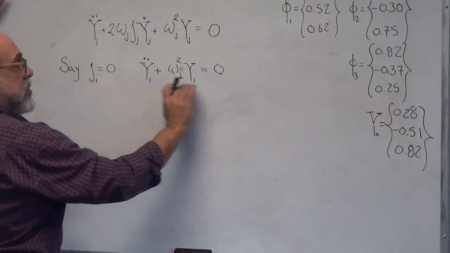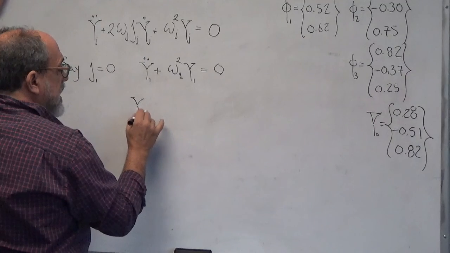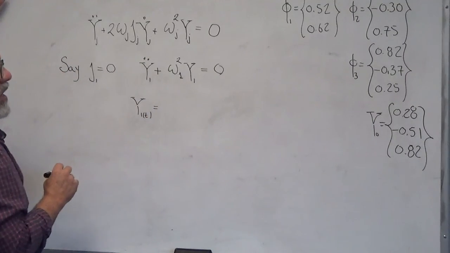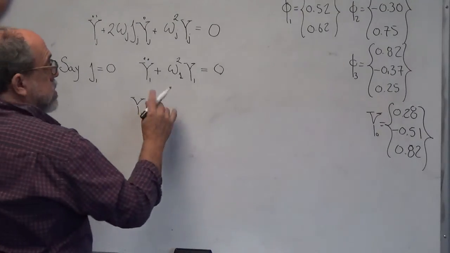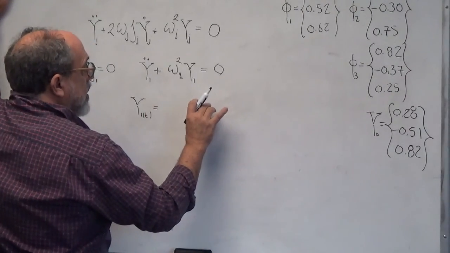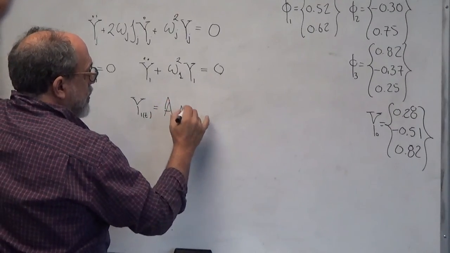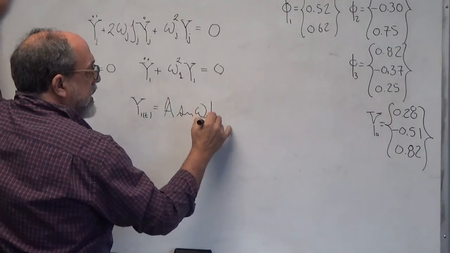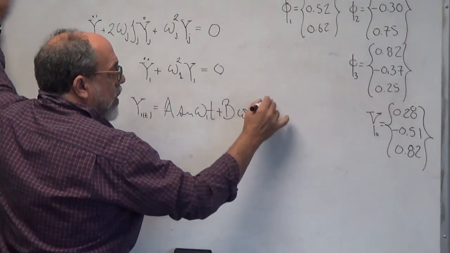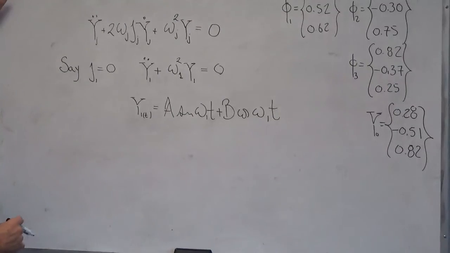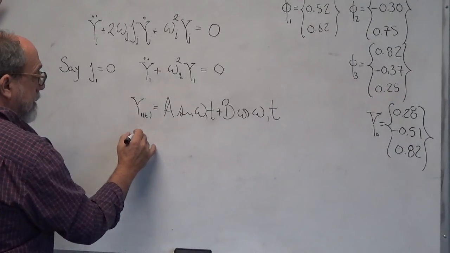And we know that the solution for this is y1 of t equal to a sine plus b cosine. Let's go through the whole thing. y1 of t is equal to a sine of omega 1 t plus b cosine of omega 1 t.